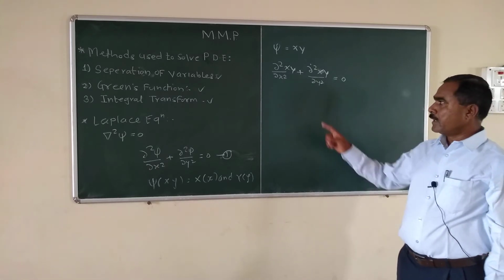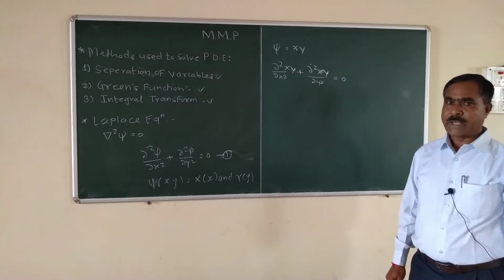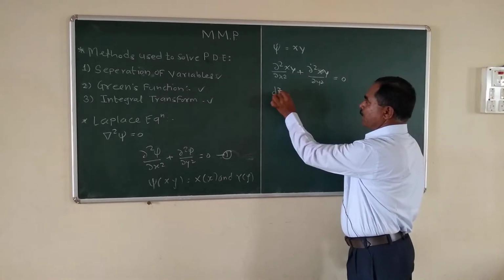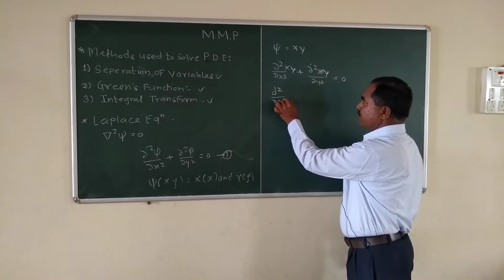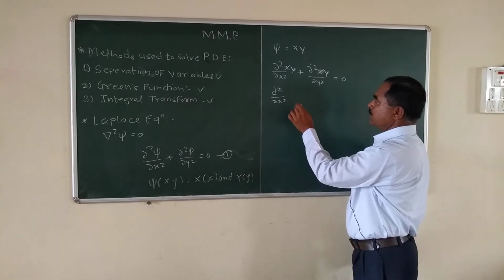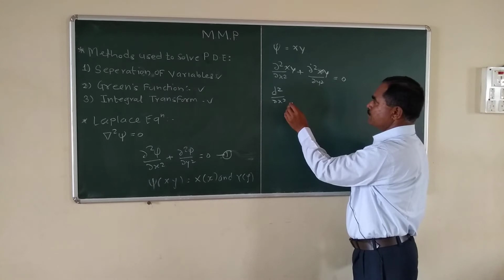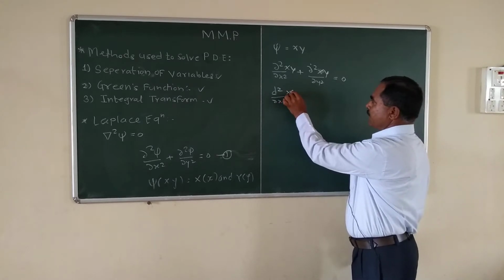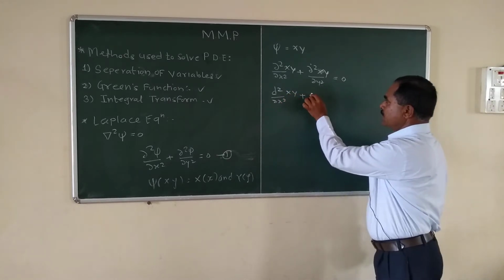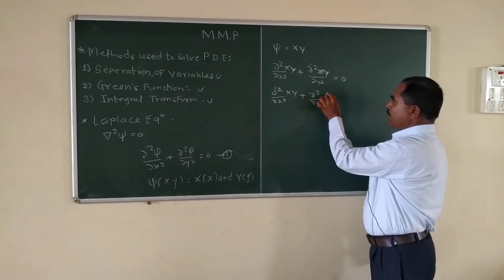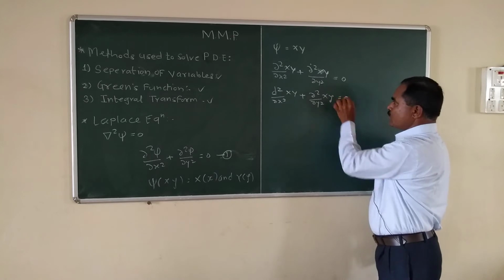Now here we divide throughout by XY. So we get d2 by dx square of XY plus del 2 by del y square of XY equal to 0.